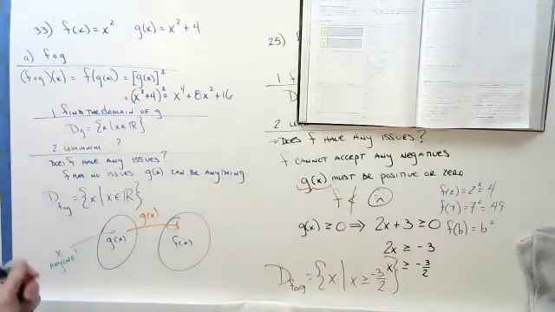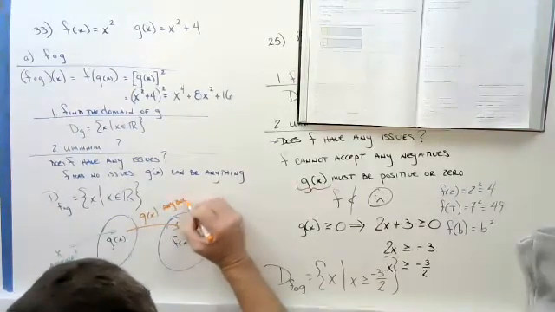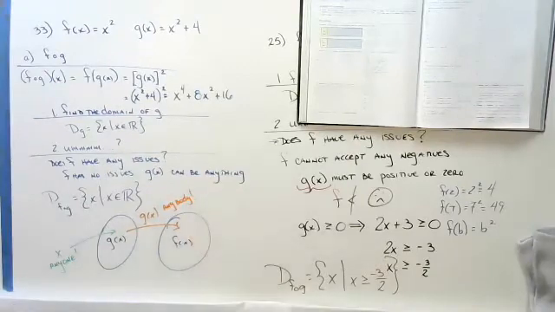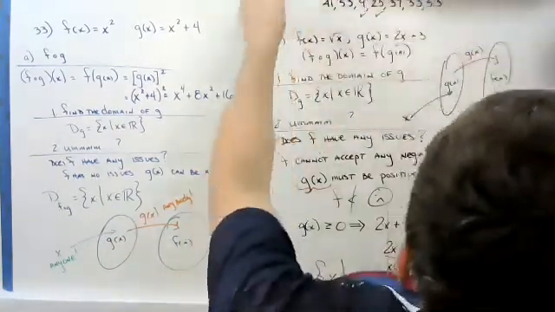My domain is all the reals too. So anybody can go here. So our domain is all the reals. That's how you do f composed with g. Now I'm not going to do all 4 parts, but I'll do g composed with g here.